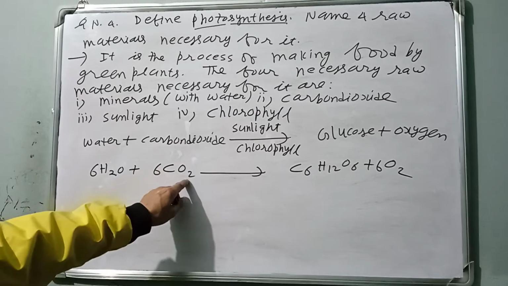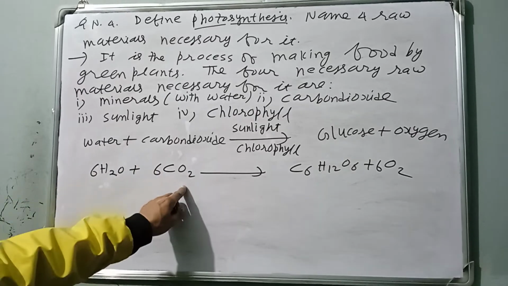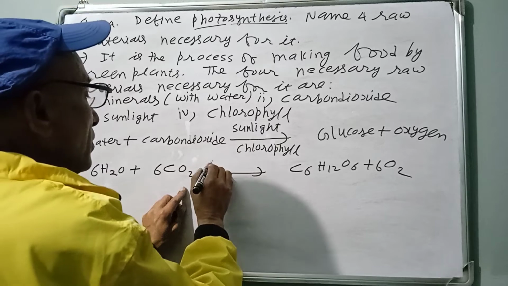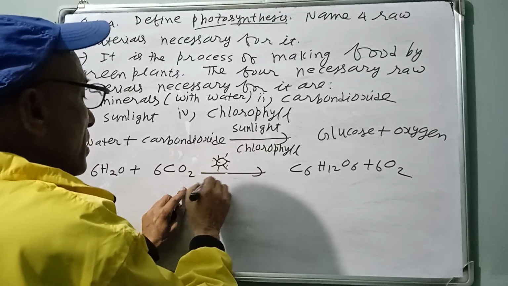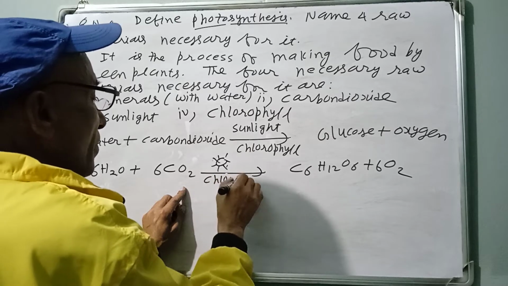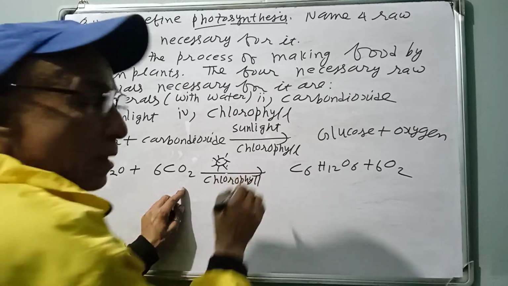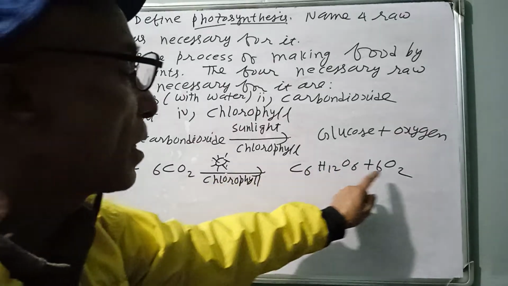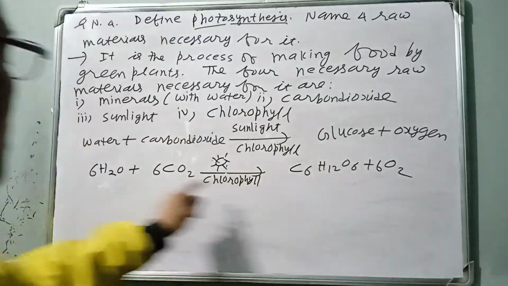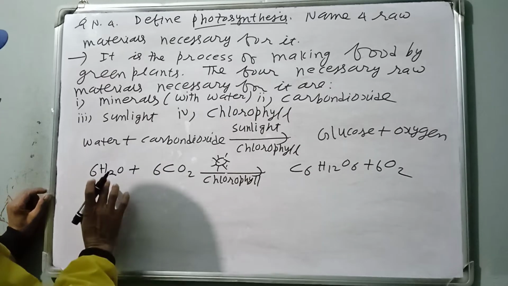From water and carbon dioxide, green plants in the presence of sunlight, only green plants can combine and make glucose and give oxygen from very simple raw materials.